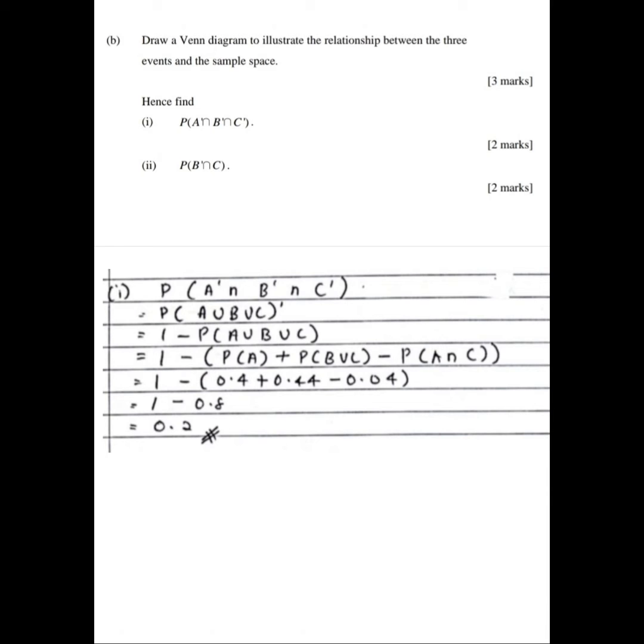For question B, 1 Roman, probability for A not intersect B not intersect C not.